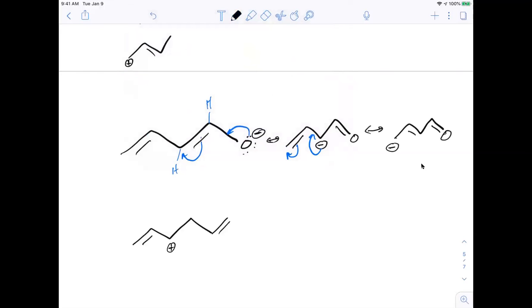Oops, dropped my oxygen. And so I have 2 sets of electrons here, two resonance structures, or 3 resonance structures, right? And we can say that all of these are in conjugation, right? So they're all in conjugation. Conjugation means that they're all communicating with each other.